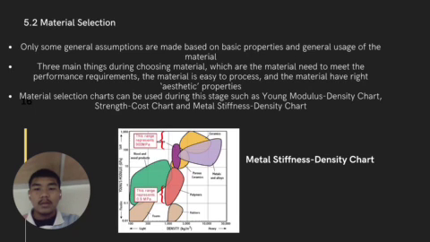Material selection charts can be used during this stage, such as the Young's Modulus Density Chart, Strength Cost Chart, and Metal Stiffness Density Chart. This is our metal stiffness density chart.